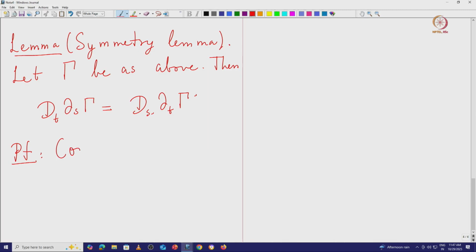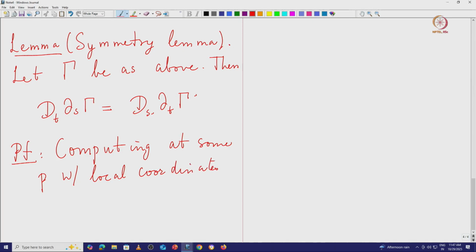So computing at some point p, with local coordinates, let us say x1 up to xn. So, in these local coordinates gamma(s,t) is basically just x1(s,t), etc., up to xn(s,t).